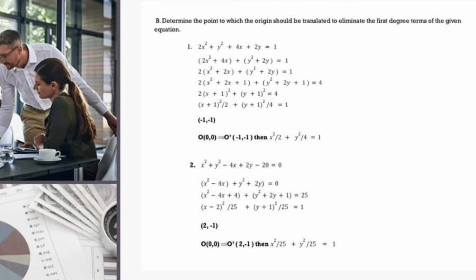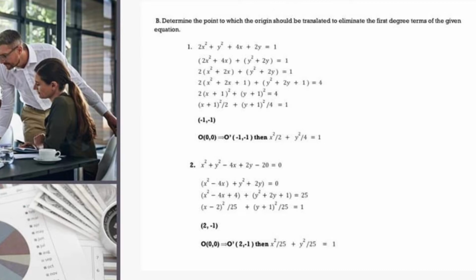So we have the quantity x squared minus 4x plus 4, plus the quantity y squared plus 2y plus 1, is equal to 25. Followed by the quantity x minus 2 squared over 25 plus the quantity y plus 1 squared is equal to 25 over 25, because we need to multiply by 25 since it is equal to 25.